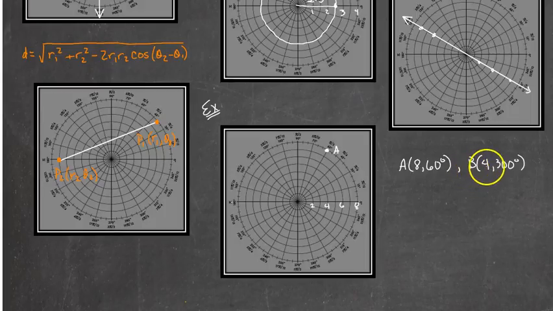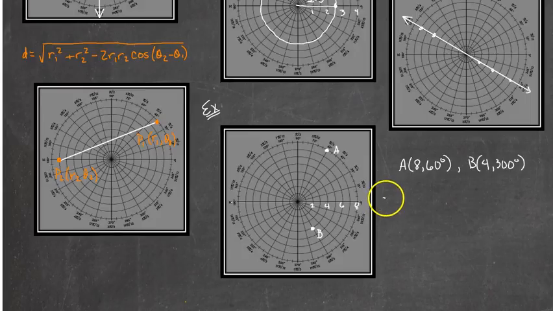Point B is at 4, so it's going to be on this inner circle, at 300 degrees. That's 180, 270, 300, right there. So these are the 2 points we're going to work with, and now we want to find the distance between them. How far apart are the 2 airplanes?